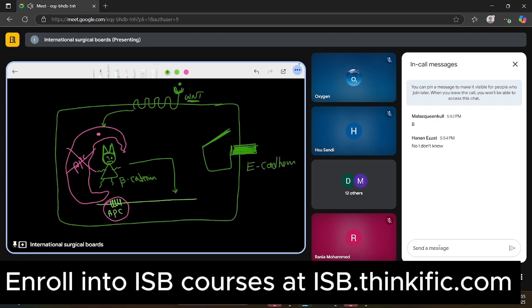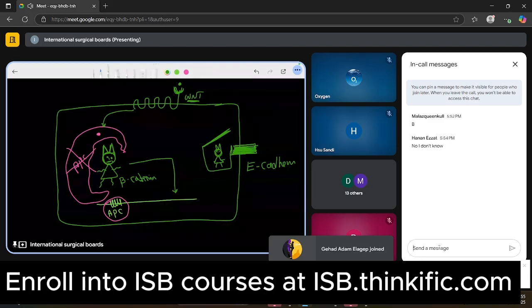What's E-cadherin? E-cadherin is naturally an adhesion molecule, but it also sequesters beta-catenin. So there's beta-catenin trapped inside here.